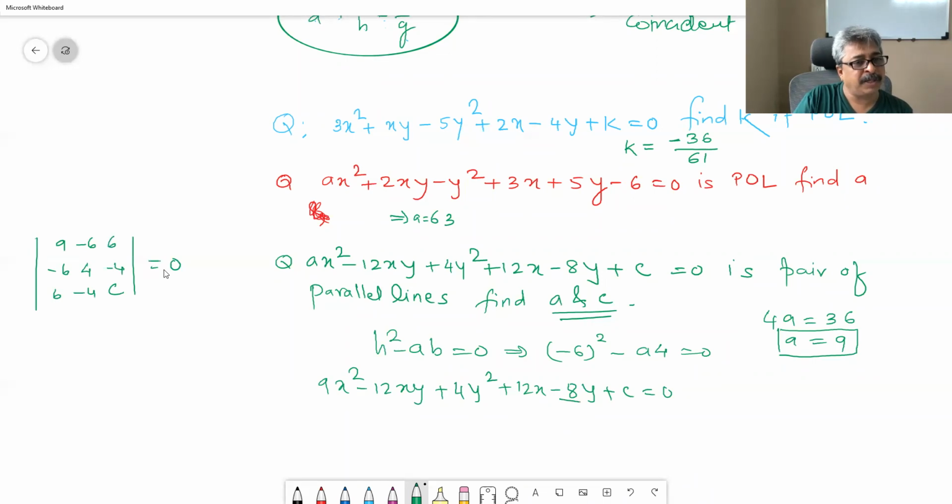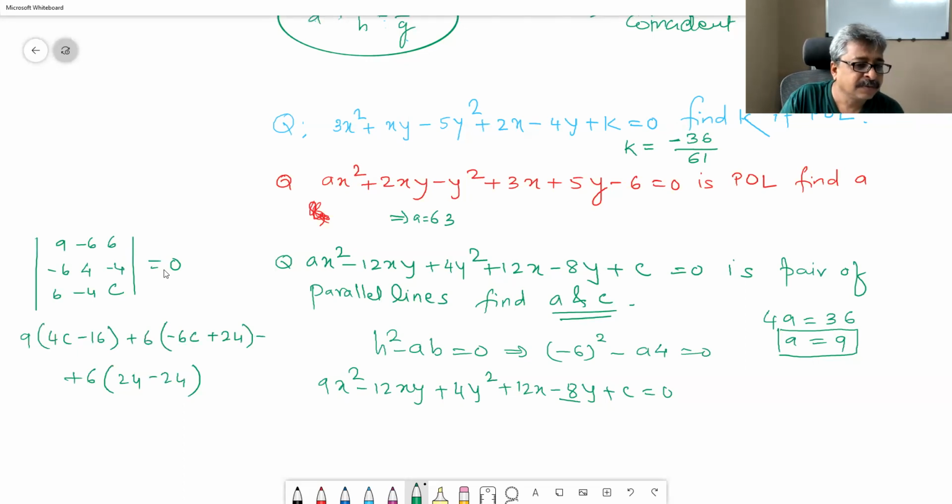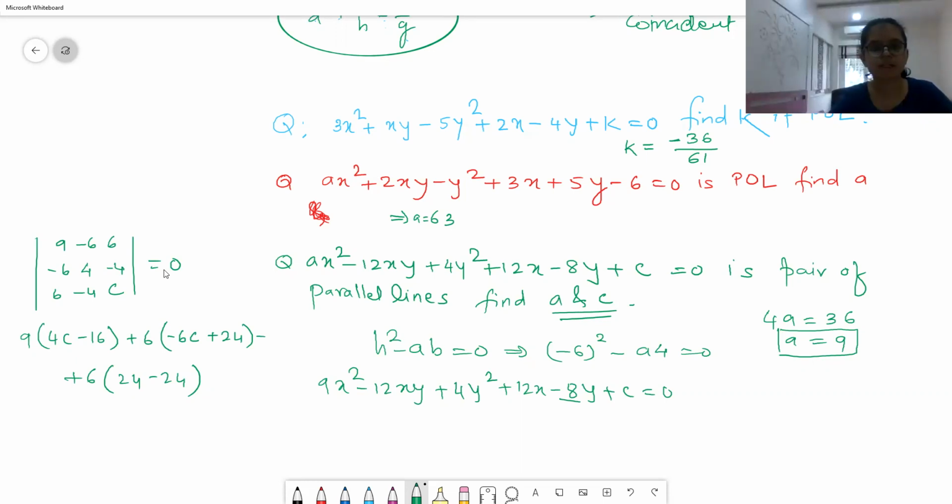Okay, so you expand it whatever way you want. 9 into 4c minus 16 plus 6 into minus 6c plus 24 plus 6 into 24 minus 24, that is 0. This term is 0, and therefore 36 minus 36, right? c is disappearing. Yes, any value of c is satisfied.